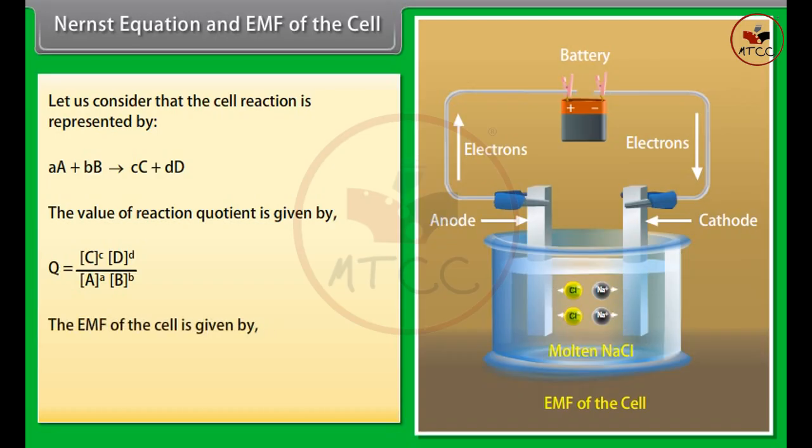The EMF of the cell is given by E cell = E° cell − (0.0591/n) log ([C]^c [D]^d / [A]^a [B]^b).